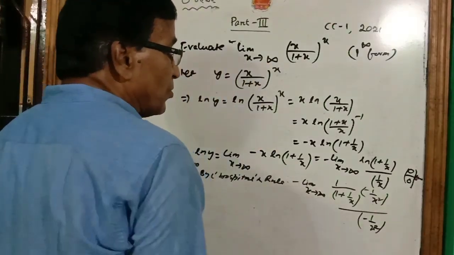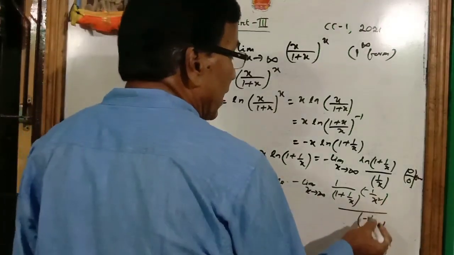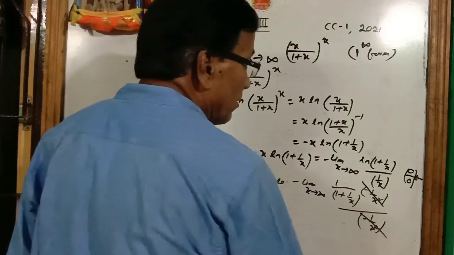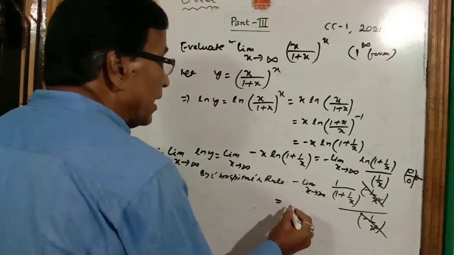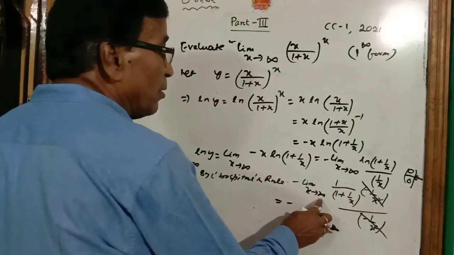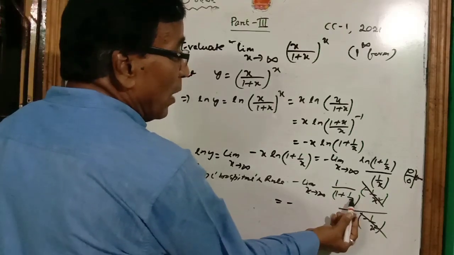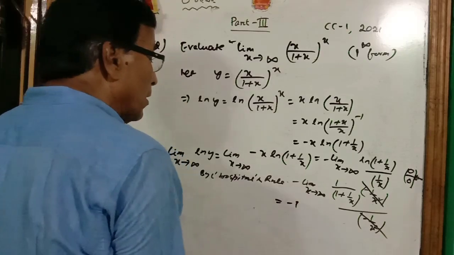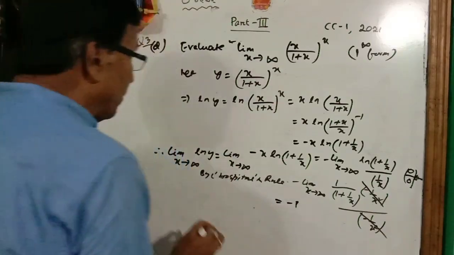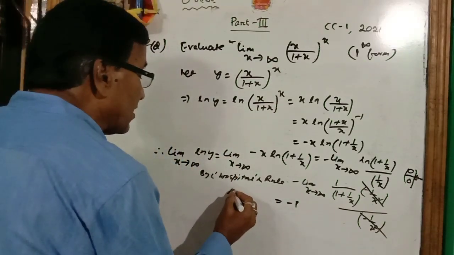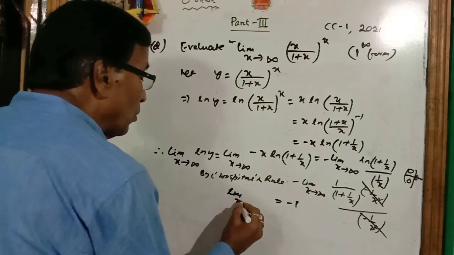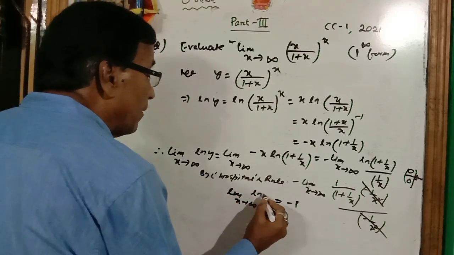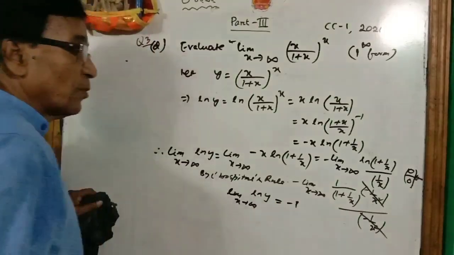Since x is not equal to infinity, the minus 1 by x square can be cancelled out. Now taking the limit, it is minus limit as x tends to infinity, 1 by x tends to 0, so it is 1 by (1 plus 0), that is equal to 1. So we get that the limit of log y tends to minus 1.